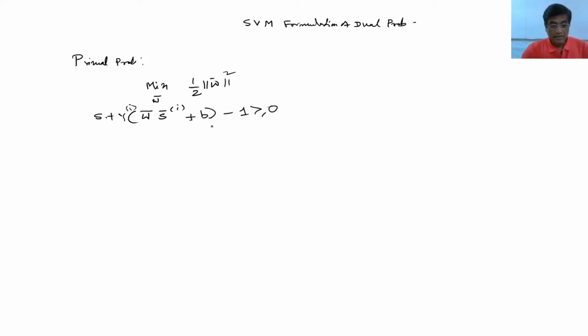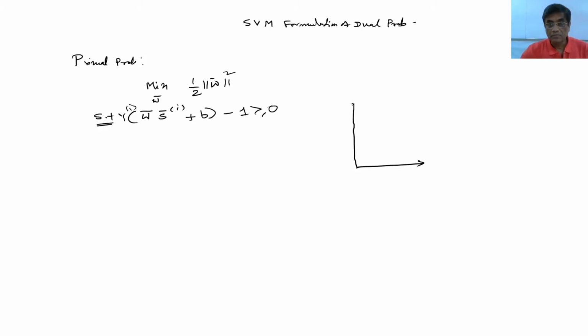So this was actually our primal problem. This is the constraint, and if you try to get an insight into what the role of the constraint is, then I can tell you what it is doing.